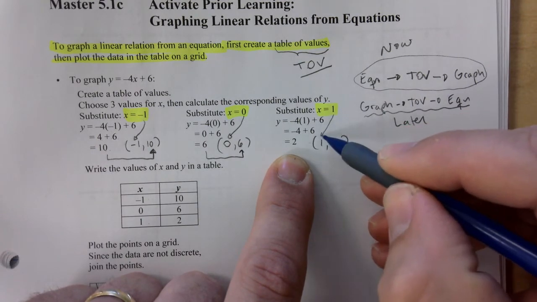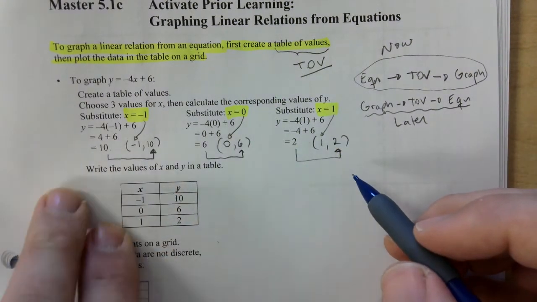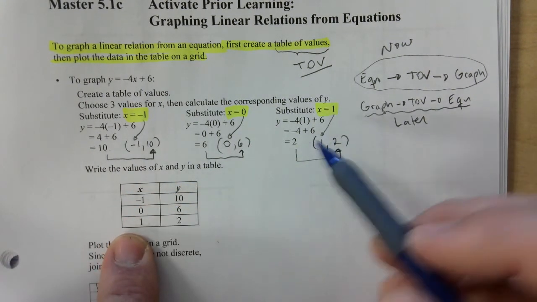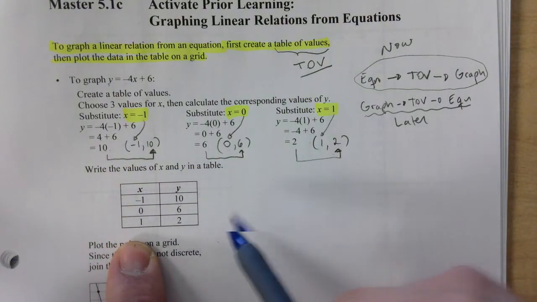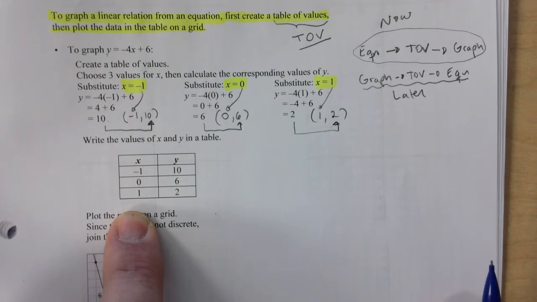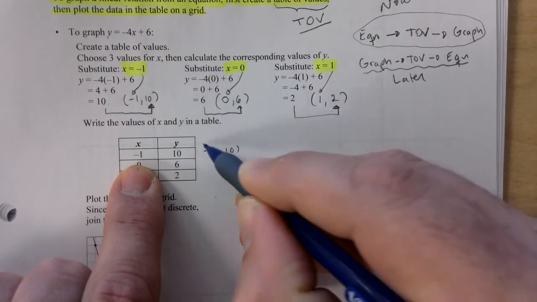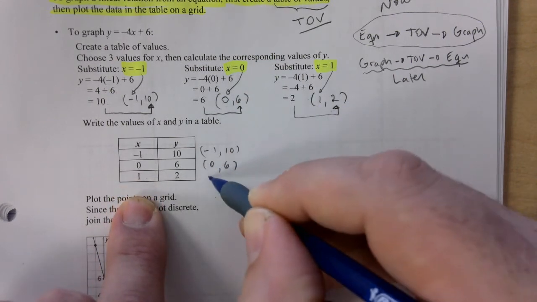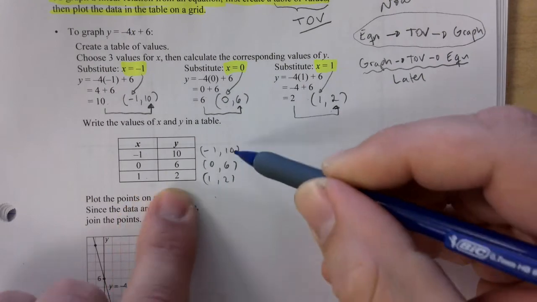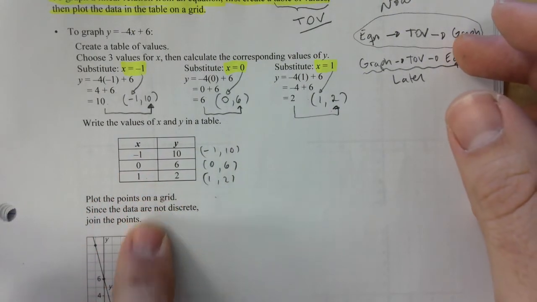Okay? And x is equal to 1, y is equal to 2. Okay? Write the values of x and y in a table. So we're basically translating these into a table like this. Okay? And remember, these are always points that you're just splitting up into a table of values.